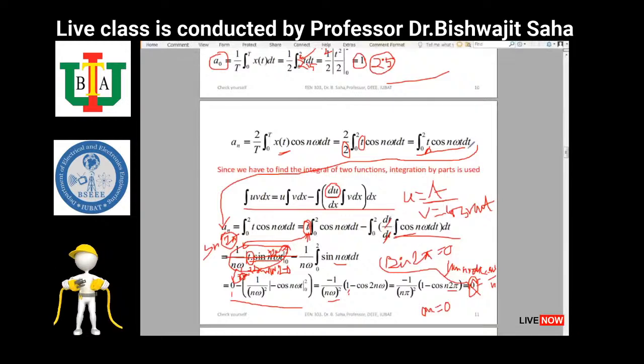Your problem is x. T is the variable in our problem. X is the variable. Understand? T is the u, and this is the differentiation formula, d by dt.